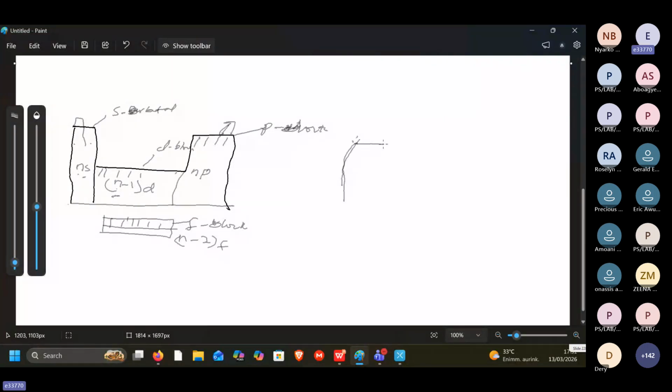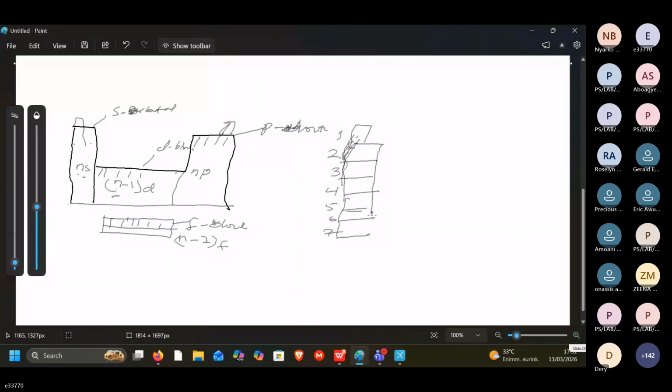Now we have 7 periods, meaning we can have 7 energy levels. So this is energy level 1. We can have energy level 2, energy level 3, energy level 4, energy level 5, energy level 6, and then energy level 7.